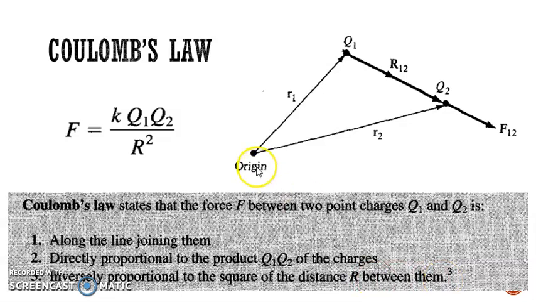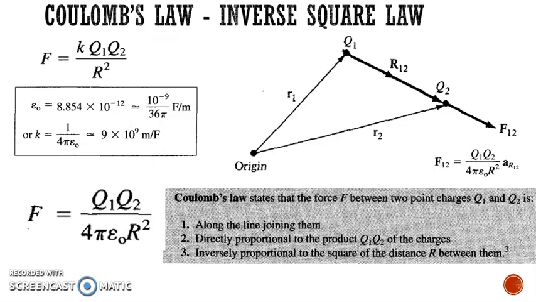That is what Coulomb says, and removing the proportionality, we can write F as K into Q1 Q2 divided by R square. Coulomb's law is also known as the inverse square law.